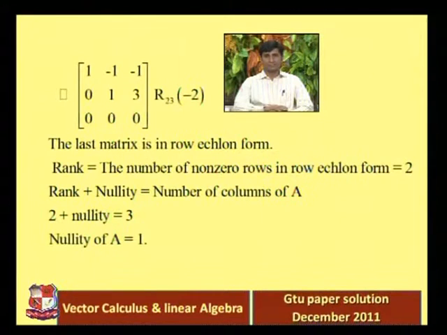The last matrix is the row echelon form of the given matrix, and you can see we have only 2 non-zero rows out of 3. So the rank is equal to the number of non-zero rows in row echelon form, which is 2. Now another thing we have to find is the nullity.